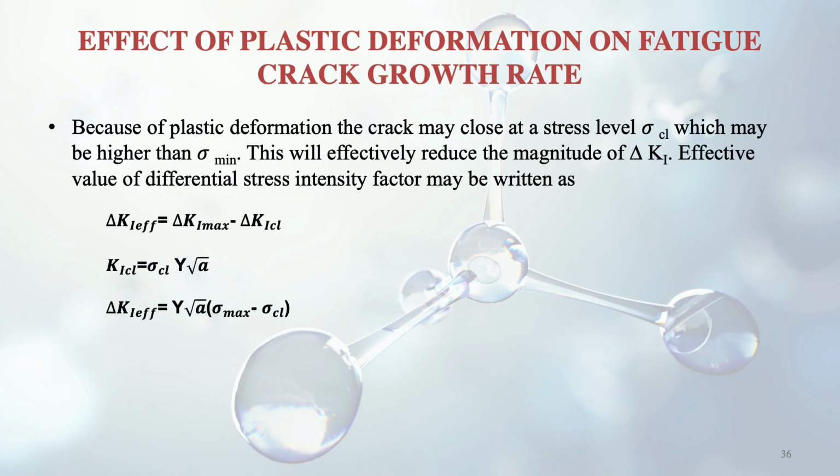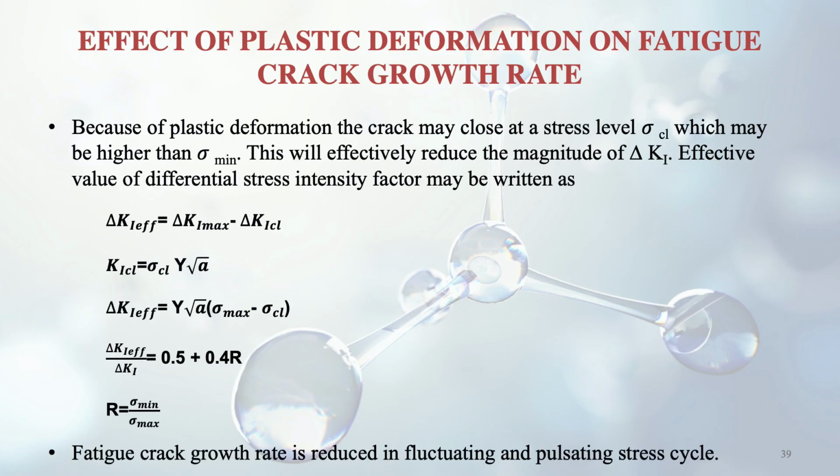So delta K effective can then be written as Y into root A into sigma max minus sigma CL. Then the ratio of delta K effective to the original delta Ki will be equal to 0.4 R plus 0.5, where capital R is equal to sigma min upon sigma max.